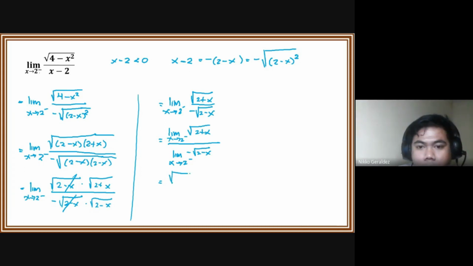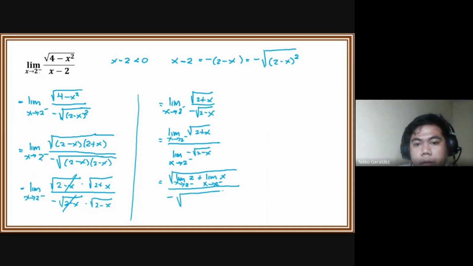That is square root of limit of 2 as x approaches 2 from the left plus limit of x as x approaches 2 from the left, all over negative limit of 2 as x approaches 2 from the left minus limit of x as x approaches 2 from the left.